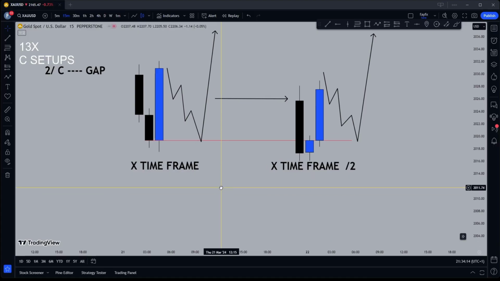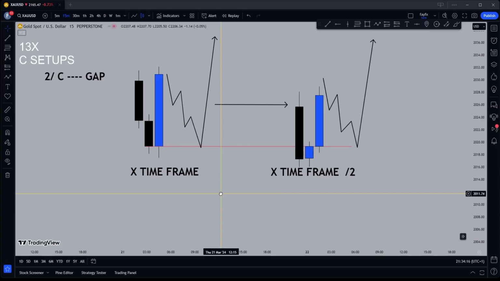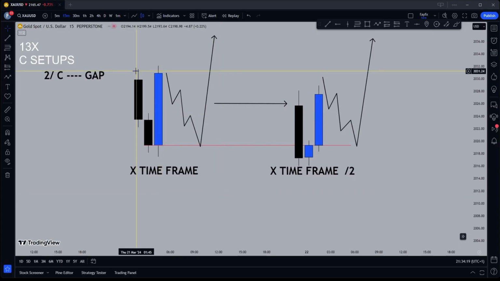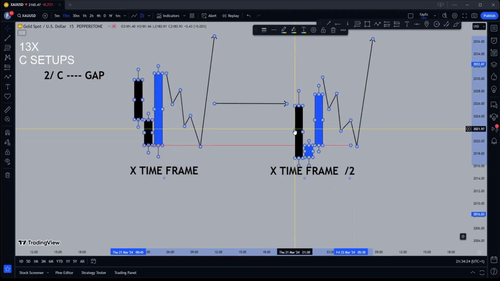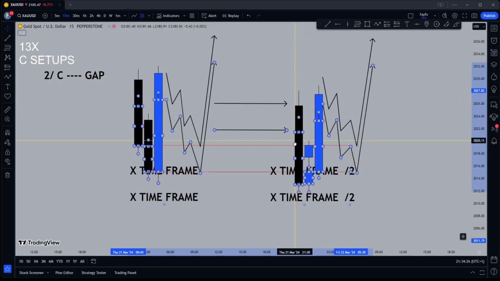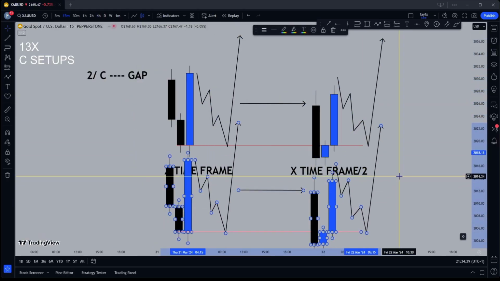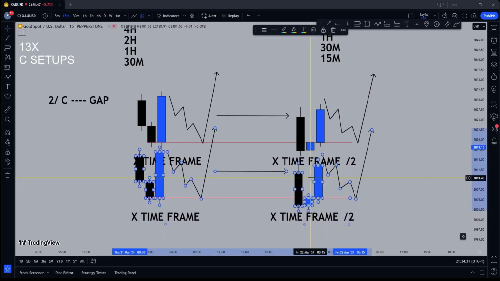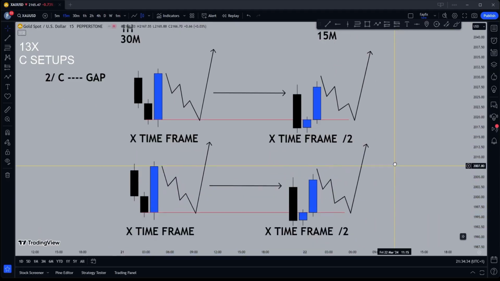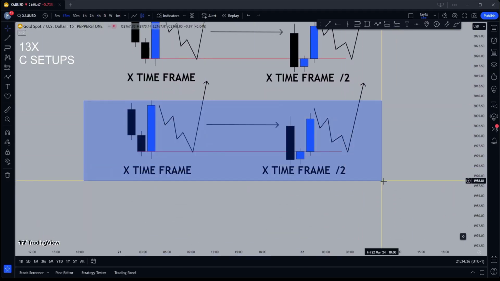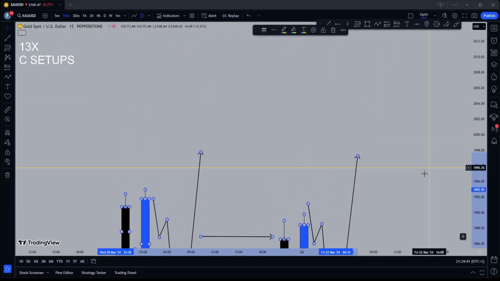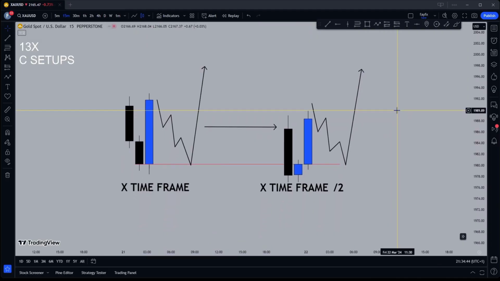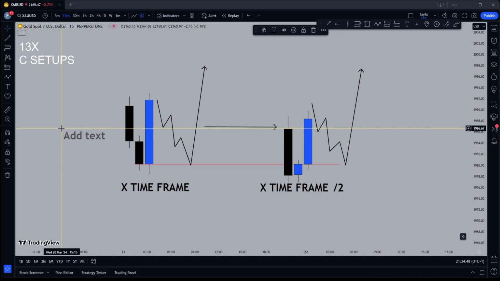Let's go and see the third setup. The third setup is actually the same one, but the only difference is here.